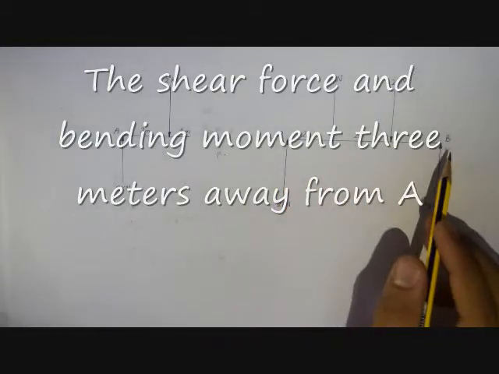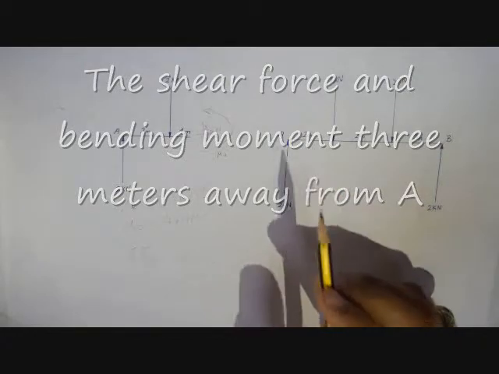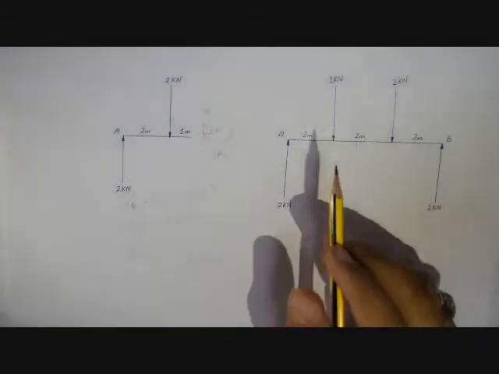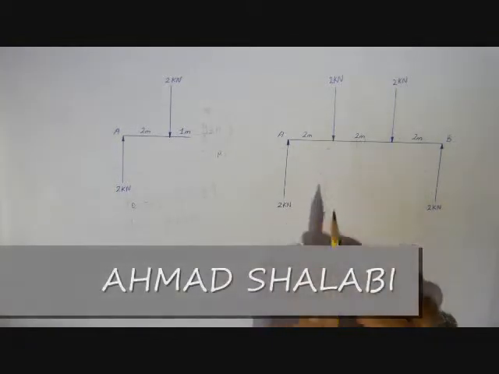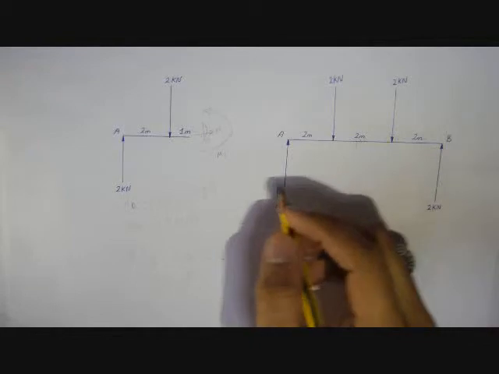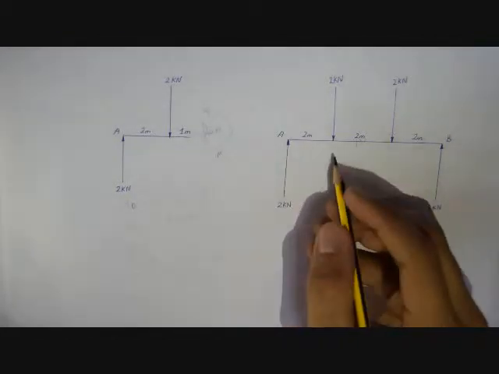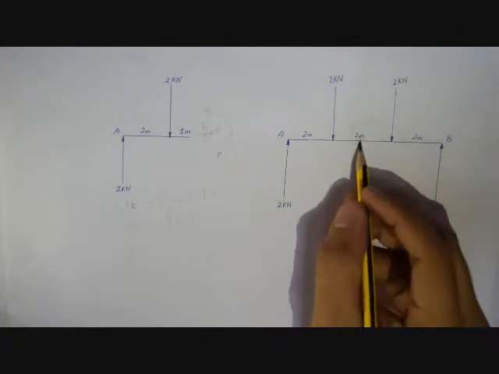Now we have a beam. We are going to find the bending moment and shear force 3 meters away from A. It seems to be here. So we have 2 meters here and 2 meters divided by 2 here. So we have to cut here.